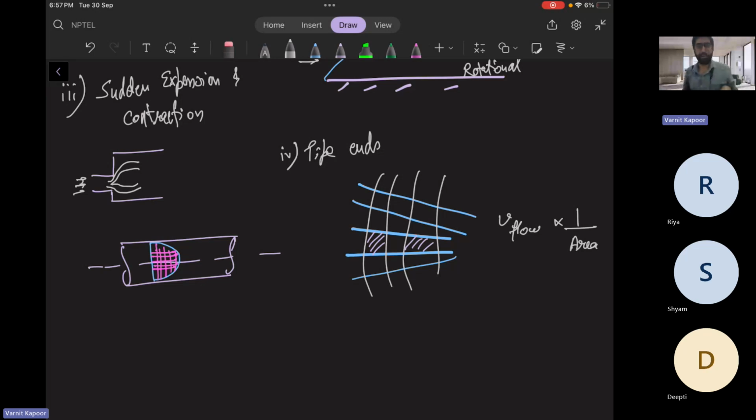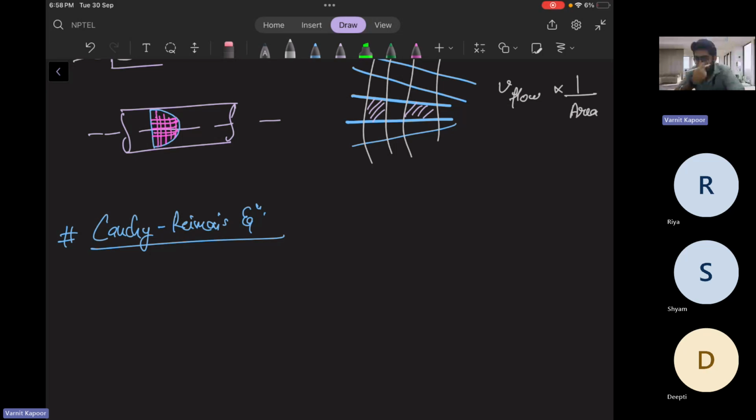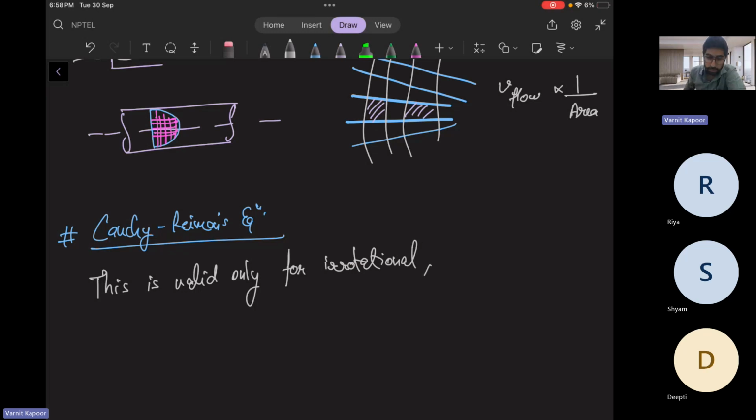I'll just briefly introduce what these Cauchy-Riemann equations are. Cauchy-Riemann equations are valid only and only for irrotational, 2D incompressible flow.